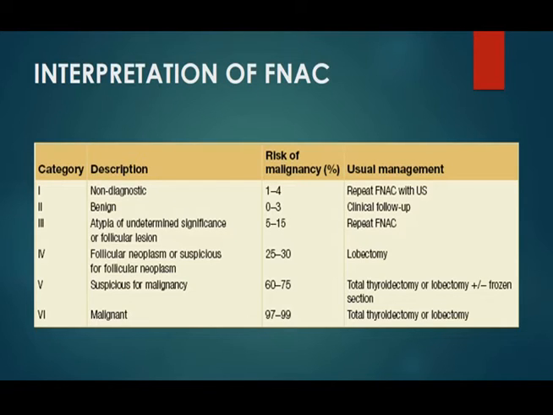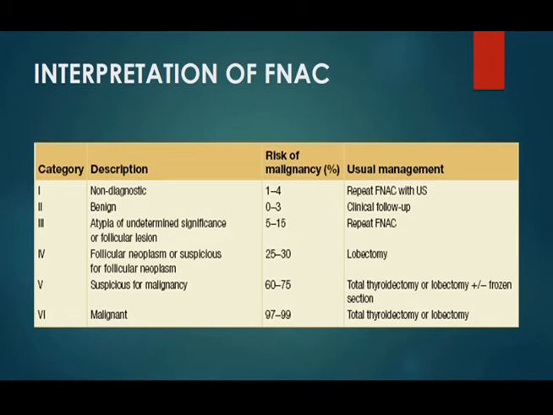In such condition, repetition of FNAC with ultrasound is recommended. Category 2 is when the sample comes benign or adequate sample but with atypical features present on the slide. In such cases, the case should be clinically correlated.